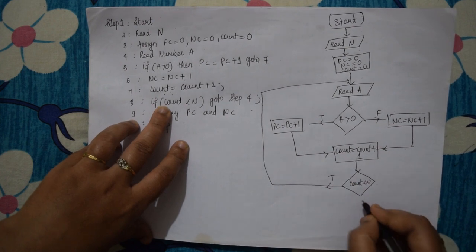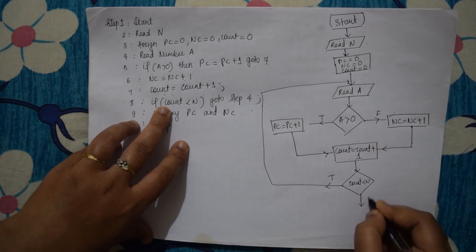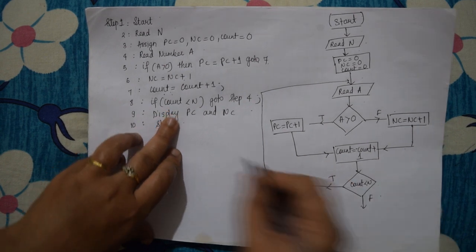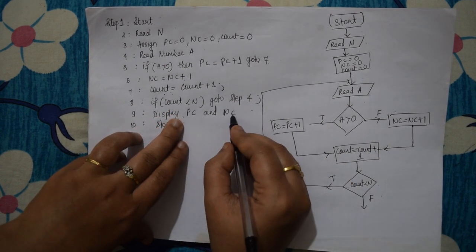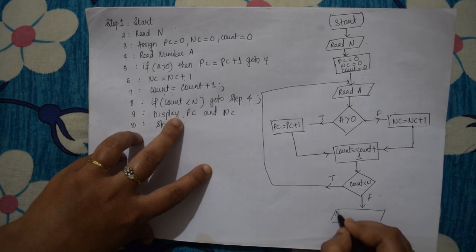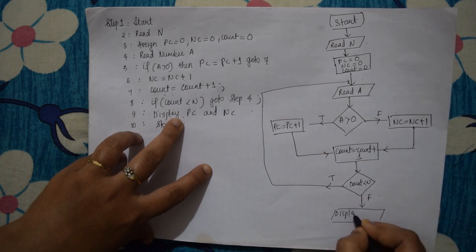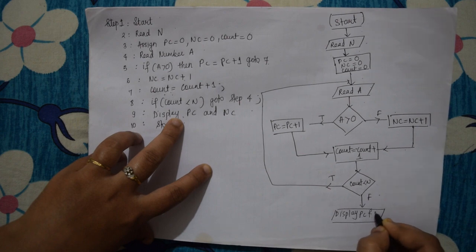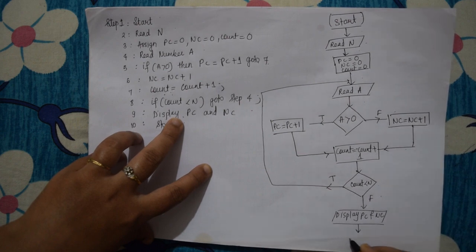And if it is false, we have to display PC and NC. So this is output, correct? So here I am using this symbol, display PC and NC, and last is stop.